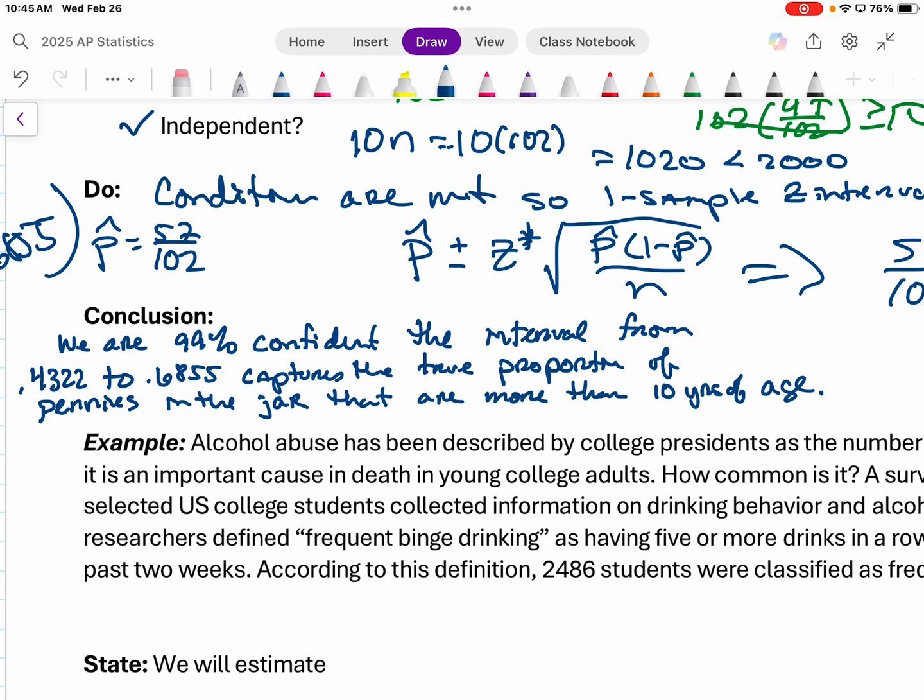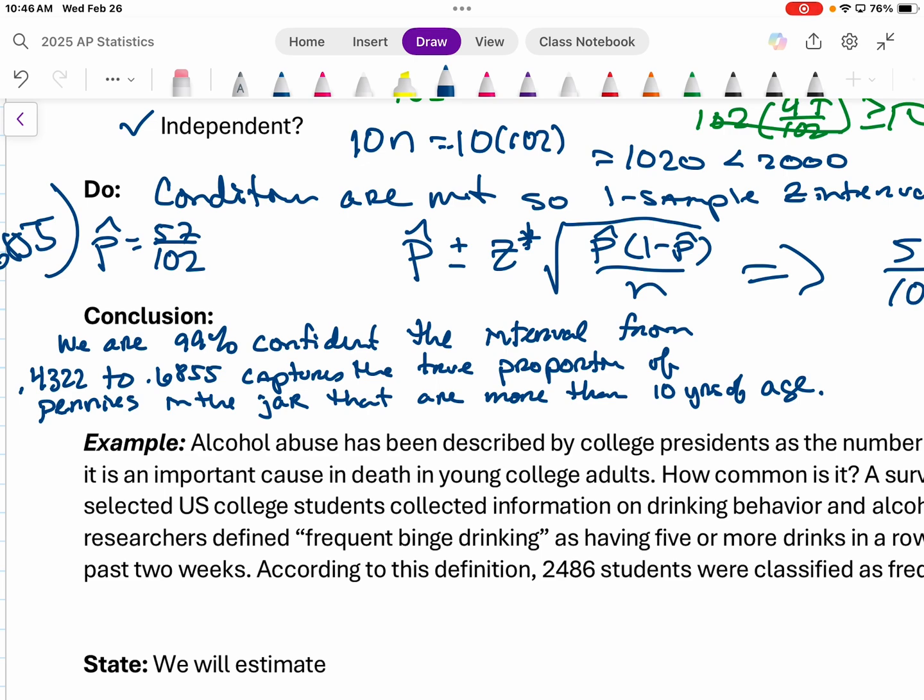We think it's somewhere, in this case, with 99% confidence, between 43% and 68% of those 2,000 pennies being 10 years and older. That's what we're 99% confident of, that the actual percentage is somewhere between these two values.